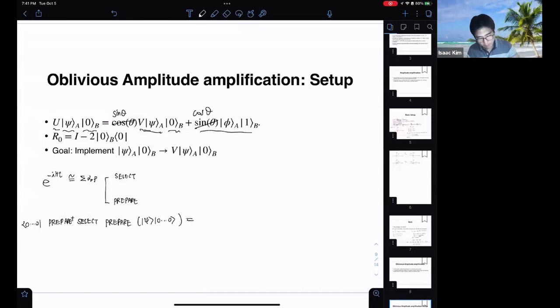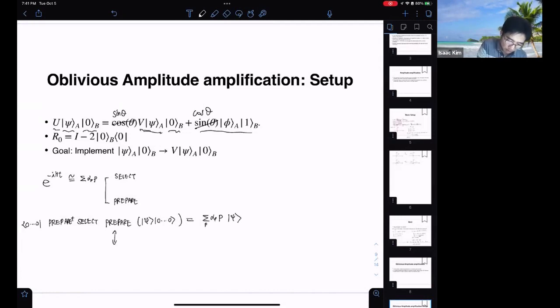And if you measure this extra register in the basis that includes the all 0 state, then this turned out to be exactly equal to alpha p applied to an arbitrary state.